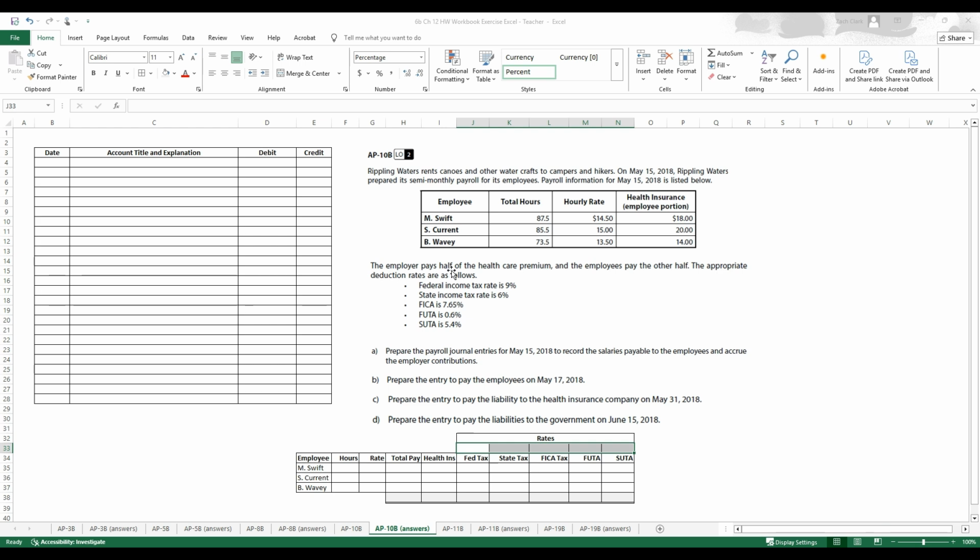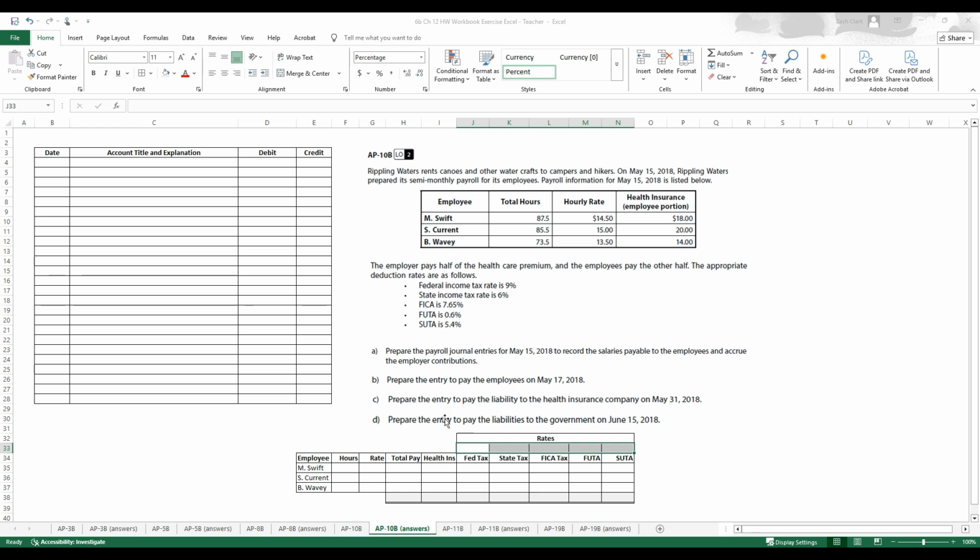It doesn't say it here, but both the employer and the employee have to pay the same portion of FICA. So 7.65% will be paid by the employees, and 7.65% will also be paid by the business. Okay.